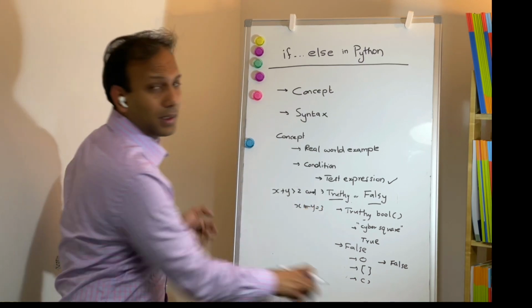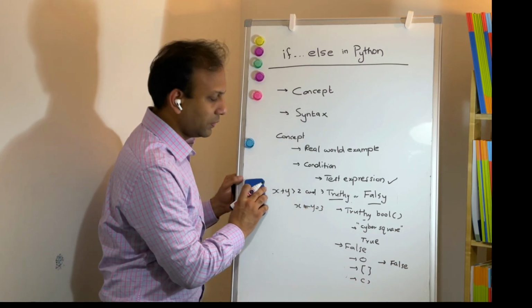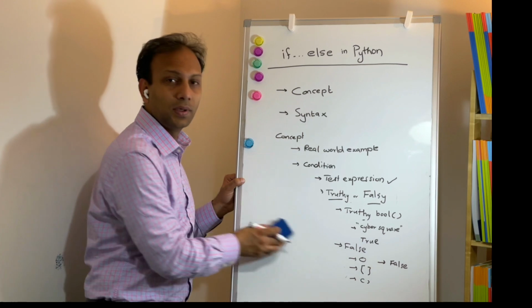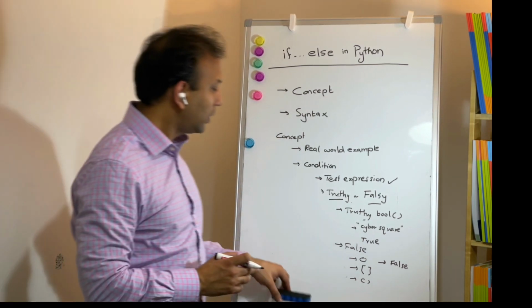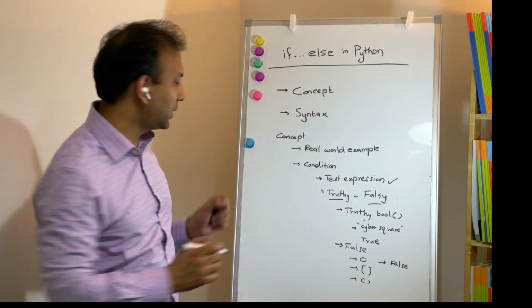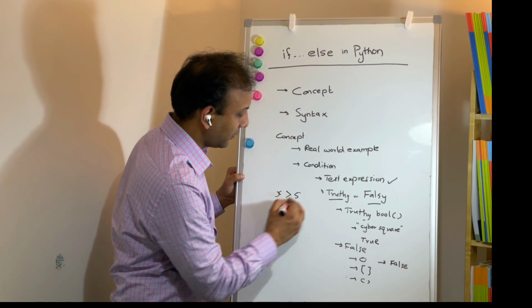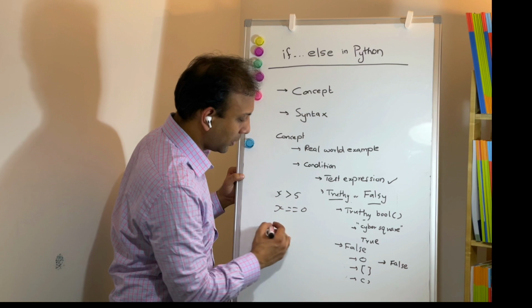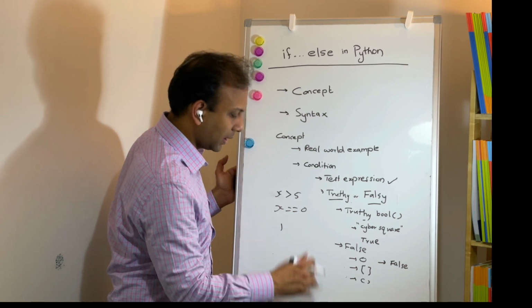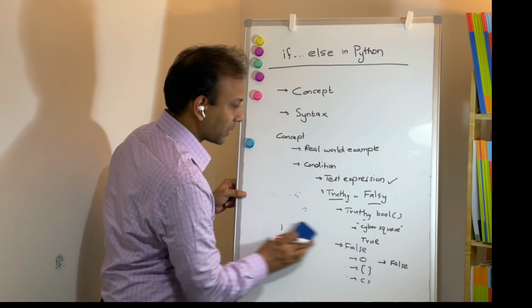I would suggest, don't confuse the student with all these kinds of expressions when you are teaching the if condition. Only focus on what a test expression is, where you have only one thing, for example x greater than 5, or x equal to 0, and then talk about this truthy or falsy thing.